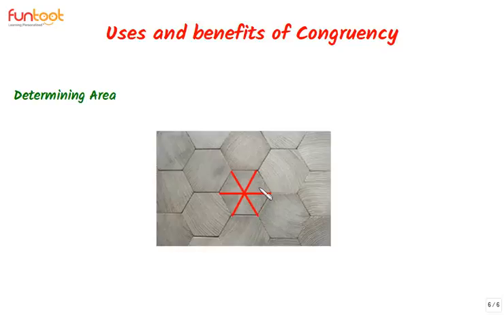If all the 6 triangles are congruent to each other, that means they have the same size and shape. That would imply areas of these 6 triangles will also be equal. What we have to do here is we just have to find the area of one triangle and multiply this with 6 to get the area of each hexagonal tile.